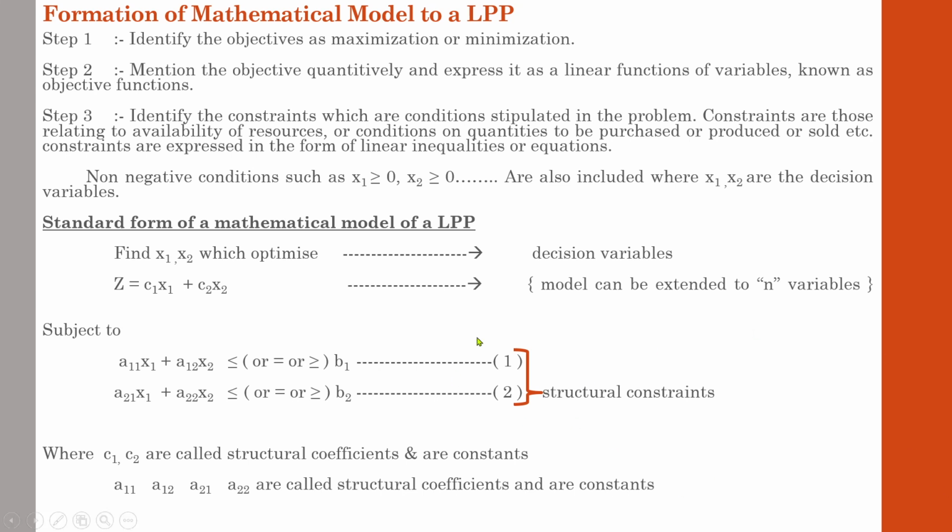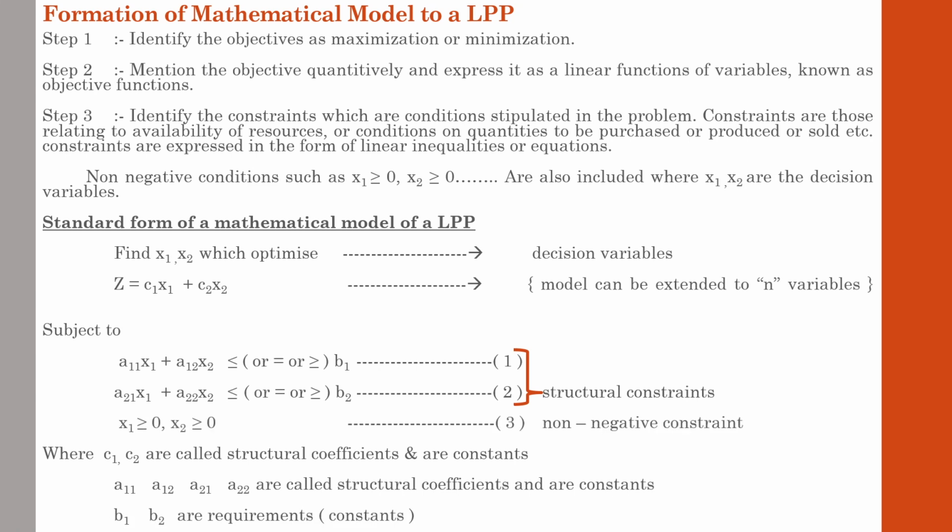Right now, just understand that once you identify the decision variables, you need to prepare the objective function. After that, you need to prepare the structural constraints. And finally, x1 greater than or equal to 0 and x2 greater than or equal to 0.